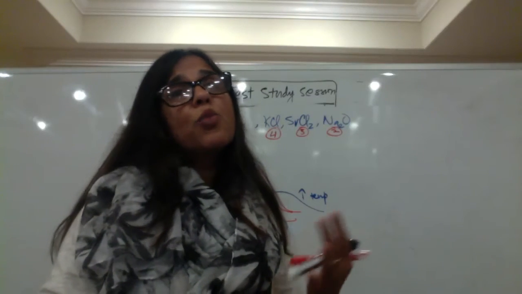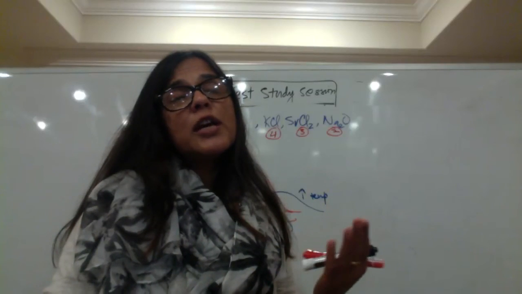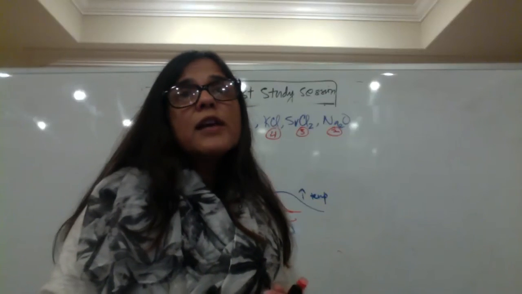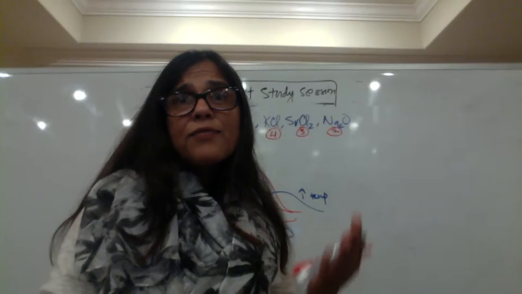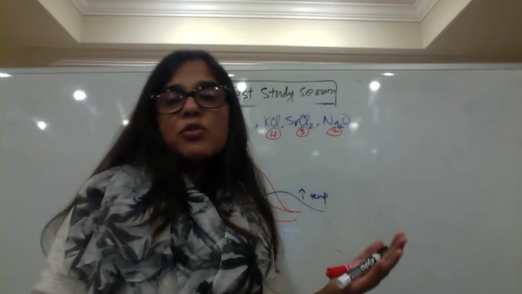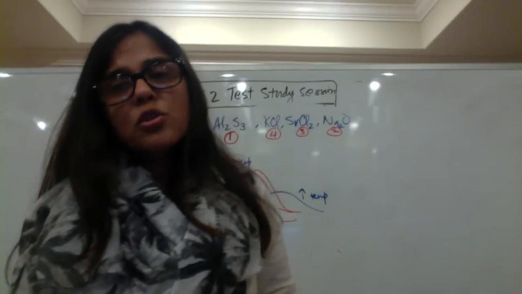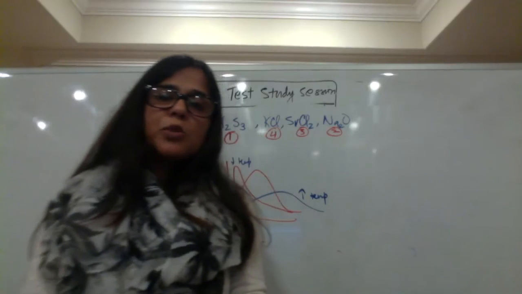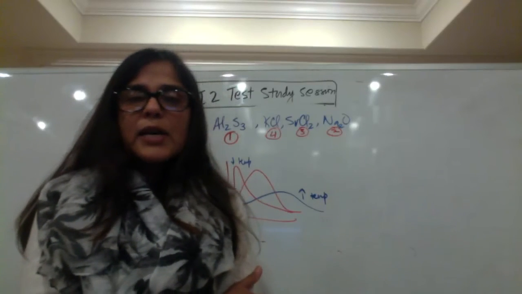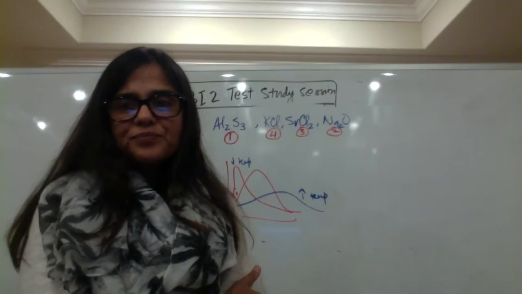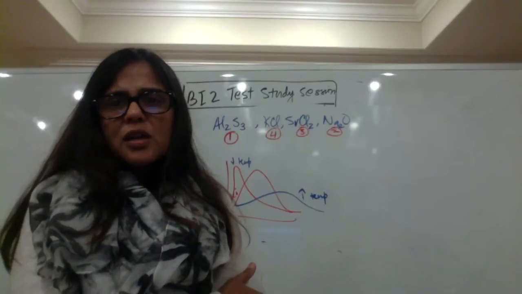They can ask what will happen to kinetic energy when temperature changes. They can ask you to draw a graph when the temperature is increased or decreased. You don't get mathematical questions on Maxwell-Boltzmann distribution, but you do get graph-based questions.